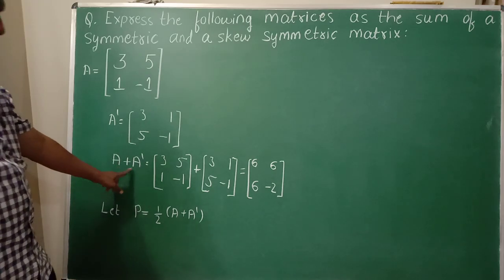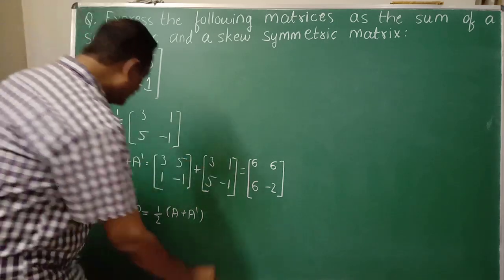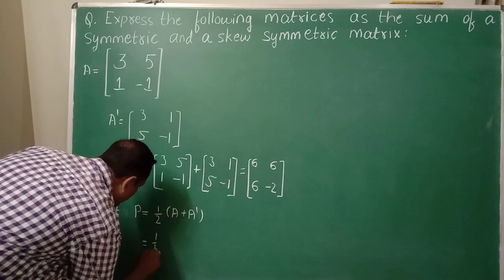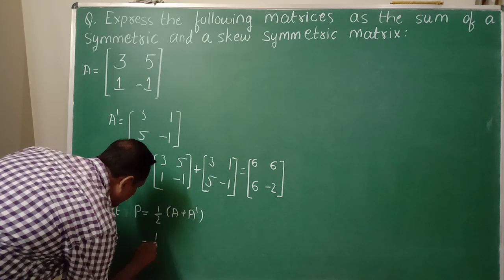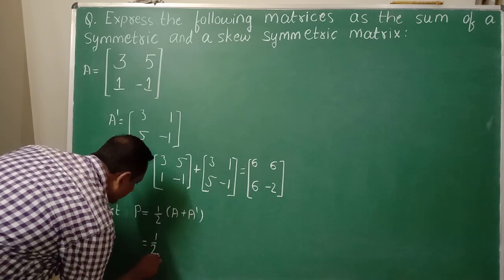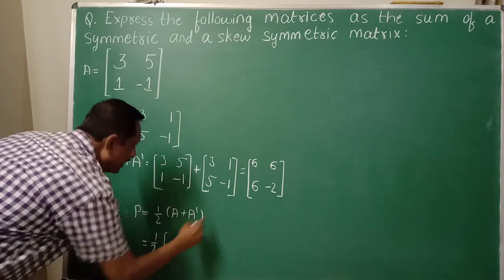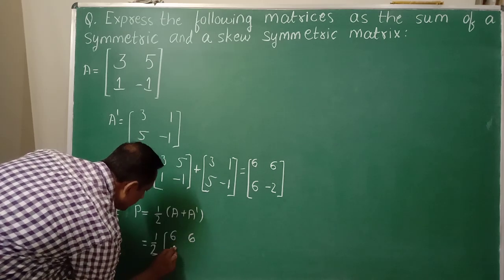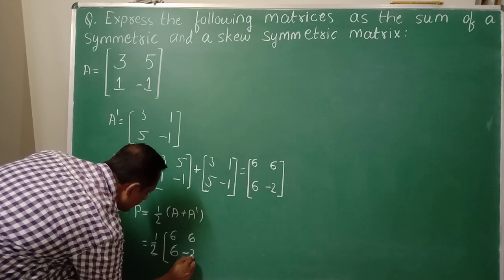Therefore A plus A dash is this matrix, so this is equal to 1 by 2 into the matrix 6 6, 6 minus 2.